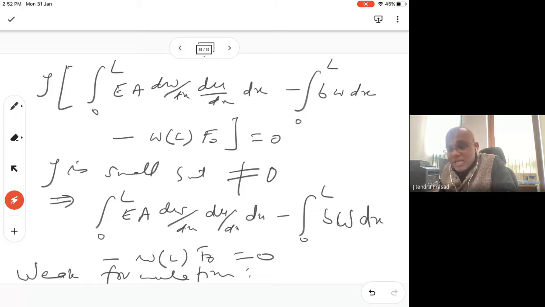In mathematics, you write the equation, but physical significance may or may not be known. Here, when we write, we will say this is the convective heat transfer term, this is conductive heat transfer, and it is the advection term in diffusion.